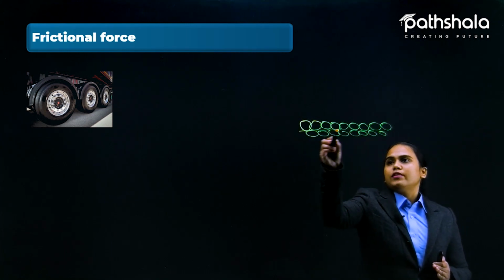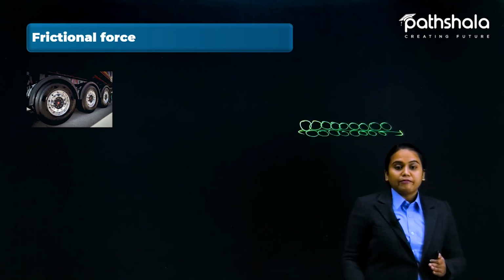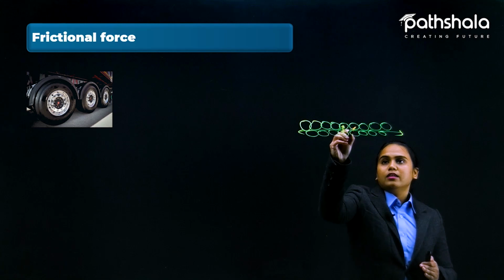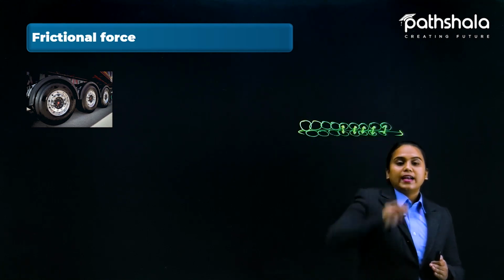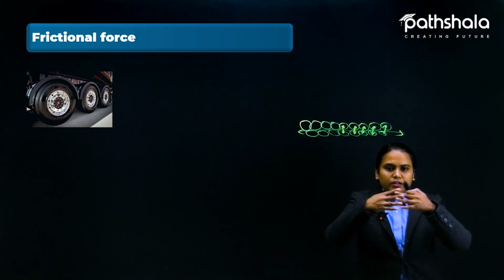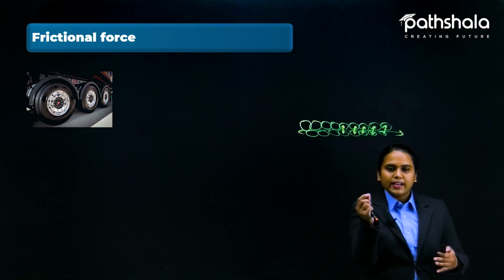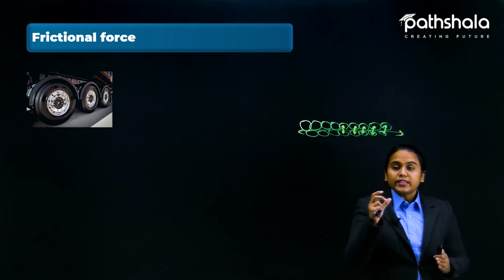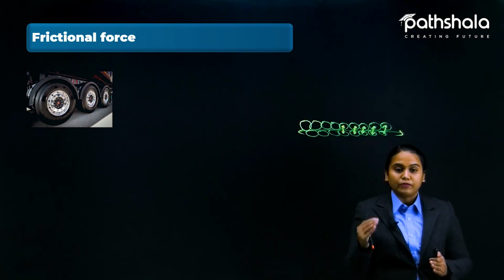They will be in contact. There will be a contact layer between them, and eventually there is an adhesive force between these molecules. Adhesive means connection, adding, like Fevicol, which joins two objects. So an adhesive force is generated between two layers of any surfaces when they are in contact.